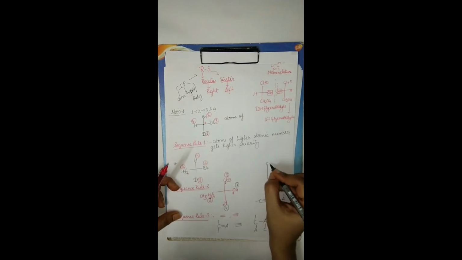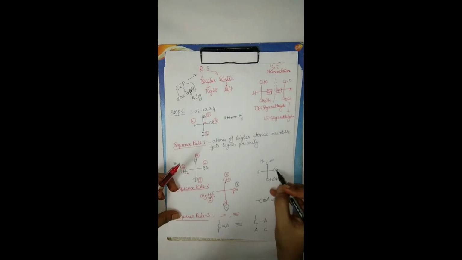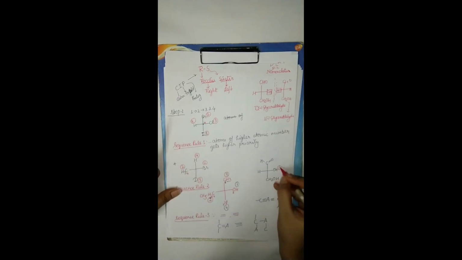If we have C double bond OH, OH, H, CH2OH, then what will happen? This one is having highest atomic number. It will get 1 number, and this will get 4 number. And what about these two atoms? This is the carbon atom, 6 atomic number.